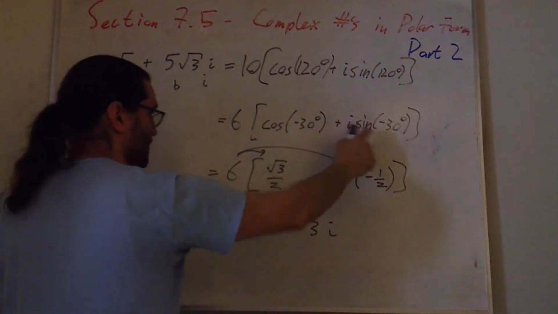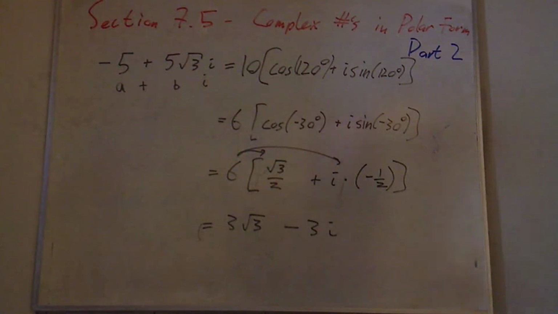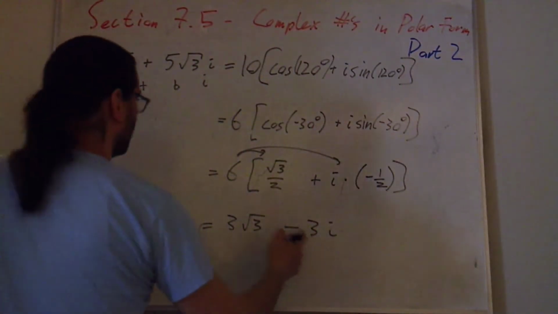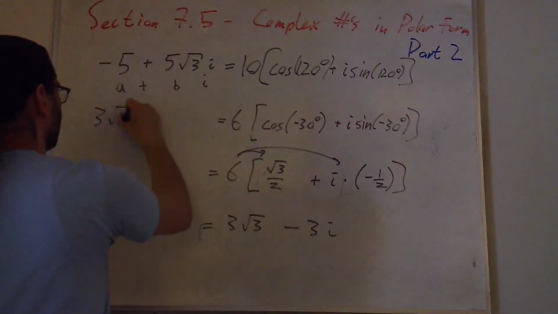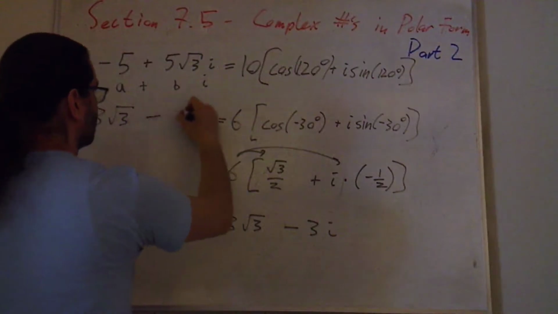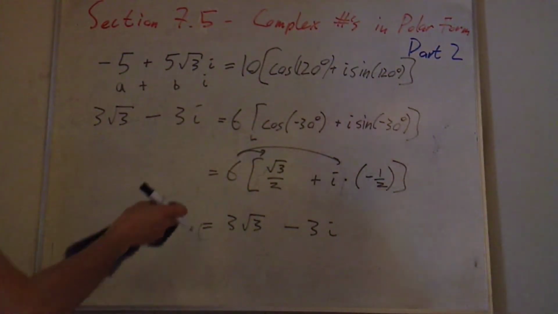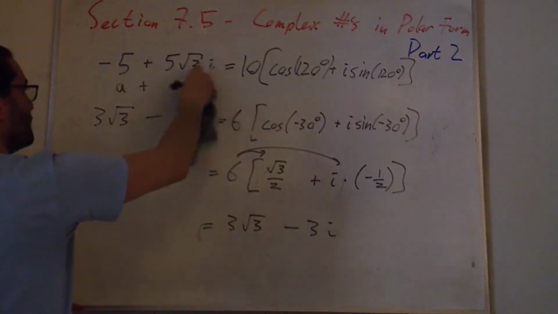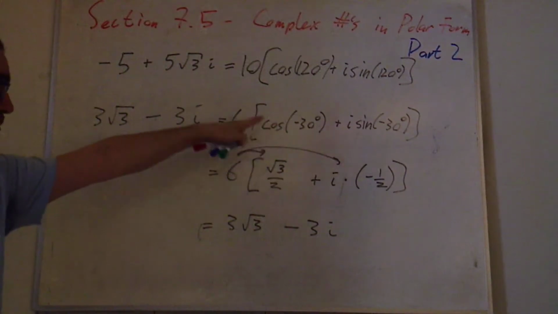You just evaluate the trig and then you distribute the radius. It's extremely straightforward. So I have this number as 3 root 3 minus 3i. That is my rectangular form of this polar form complex number.